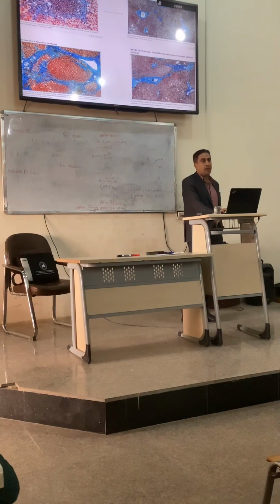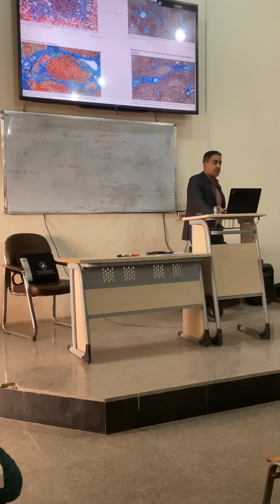In F3, the fibrous bands start to connect to each other, but till now there is no full-blown picture of liver nodules. Then all the bands connect to each other and form full-blown liver nodules. At this time, we call it F4, stage 4 liver fibrosis, and this is the picture of liver cirrhosis.